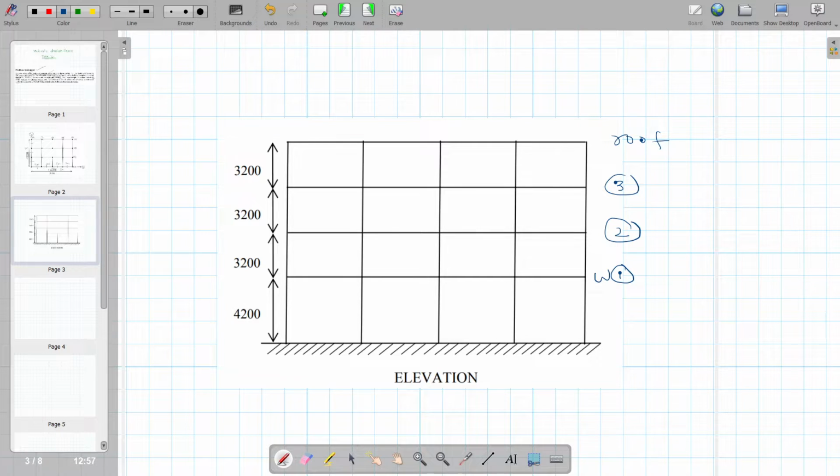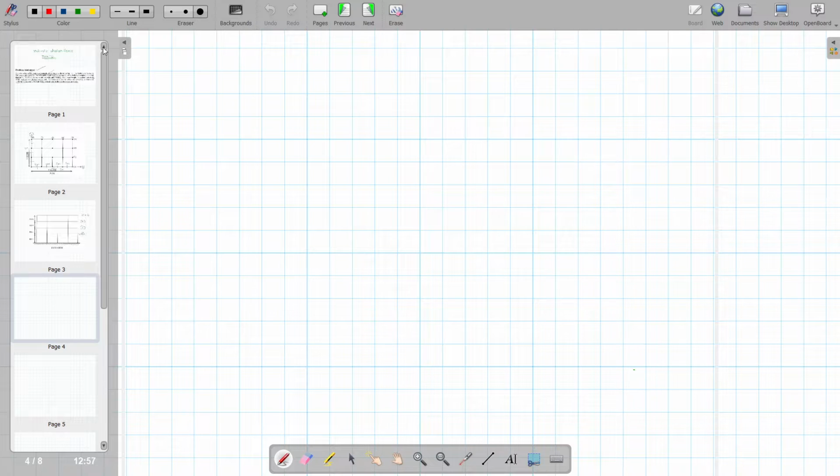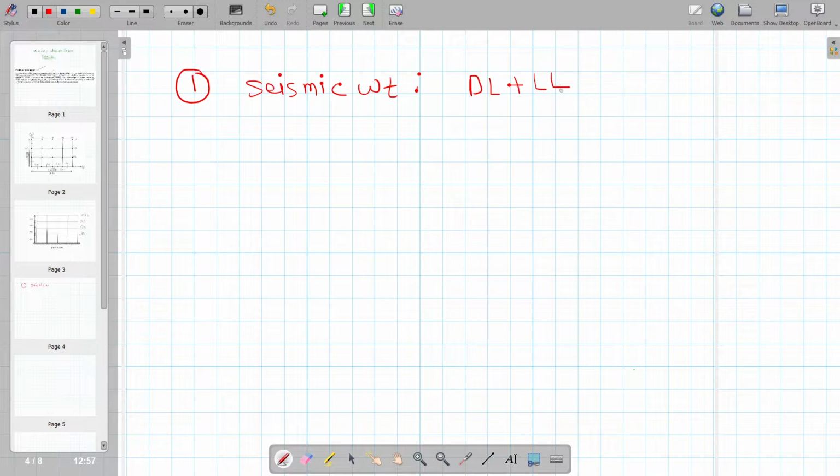Okay, so we will solve the problem. Let's start with the calculation of the seismic weight. In seismic weight, we know that we have to add the dead load and live load.